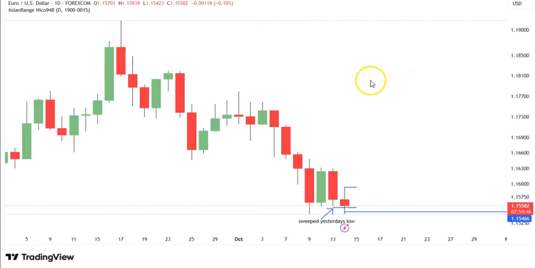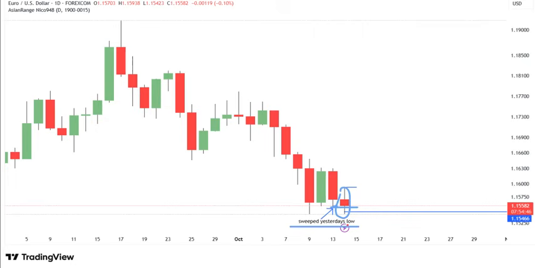But today, as you can see on the daily time frame, yes, of course we have this bearish downtrend, but what we also recognize is that the market formed a kind of bottom here. And not just that, based on yesterday's candle low, today's price action actually swept yesterday's lows.